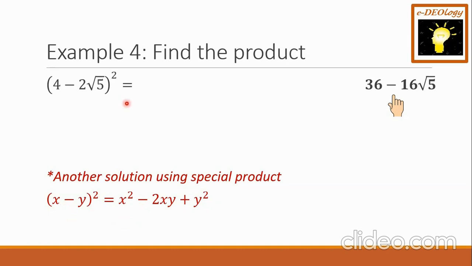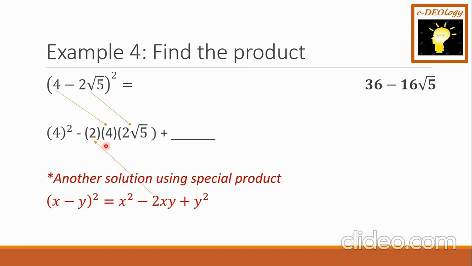So for the answer here, I am putting here three blanks to represent the three terms for the final answer. The first blank here is for this 4, I copied here and I put the power 2. Then for the second blank, I put these two terms here, the 4, and also this negative 2 square root of 5.